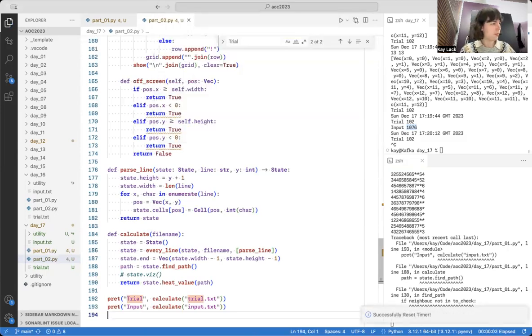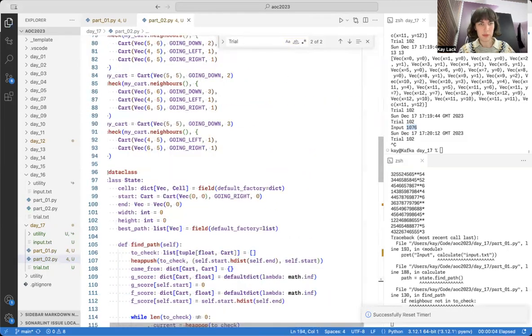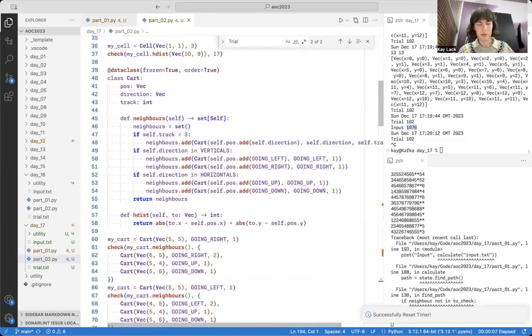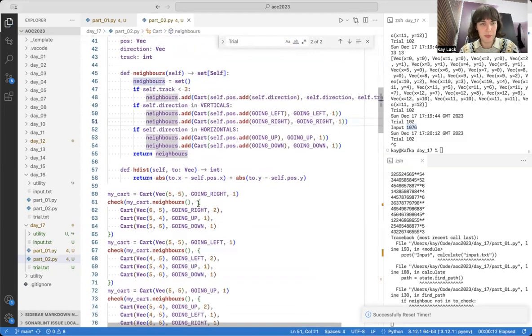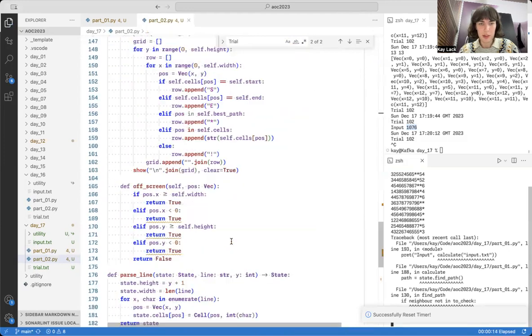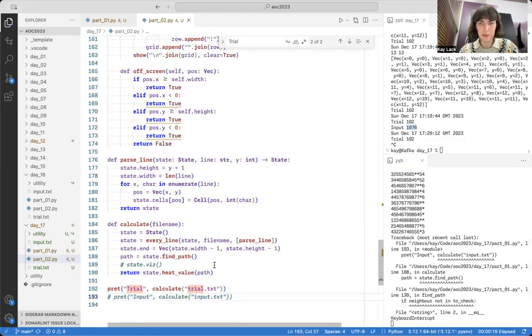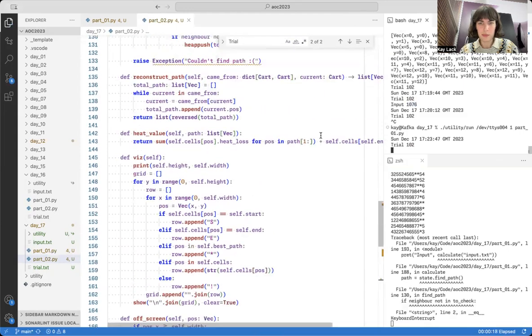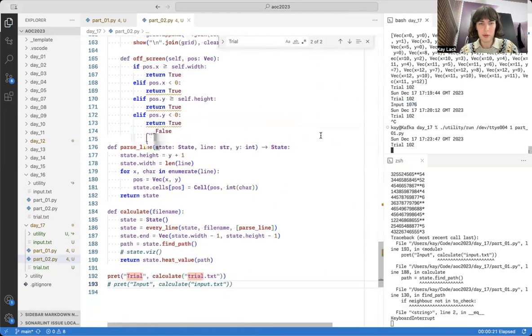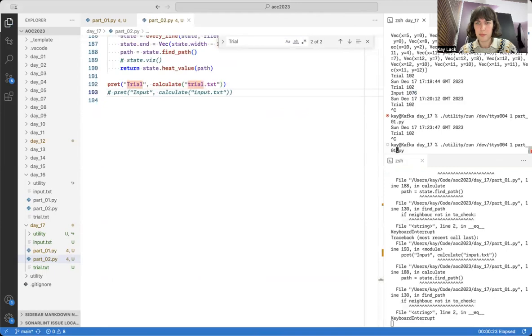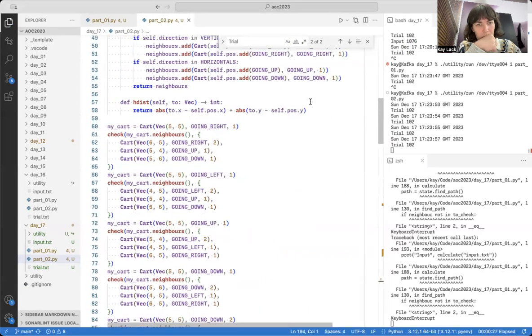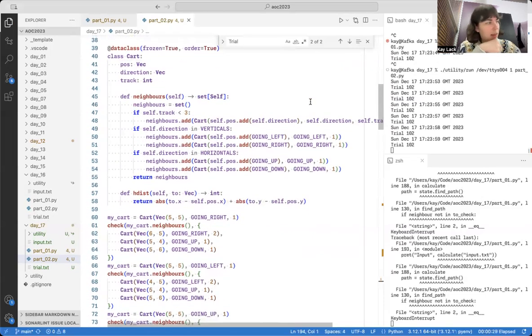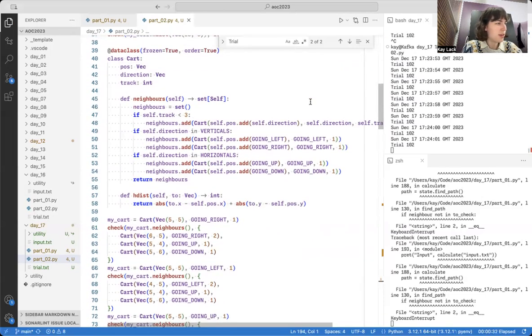Okay. So now let me actually have it just work on the trial. There we go. So minimum of 4 blocks. So that means it can move 1, 2, 3, or 4.